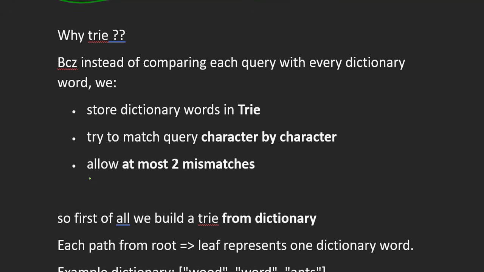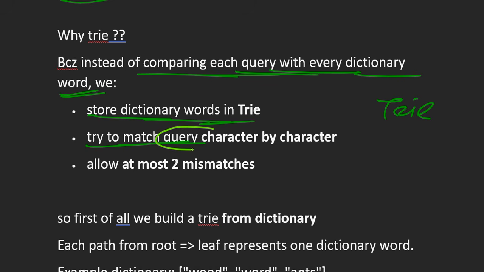Now why will we use a trie data structure? Because it helps us in comparing each query with every dictionary word that we have. First of all we store the dictionary words in the trie data structure, and then we try to match the query character by character.